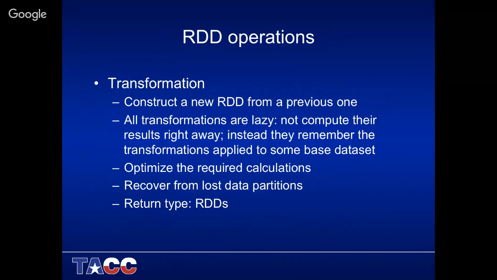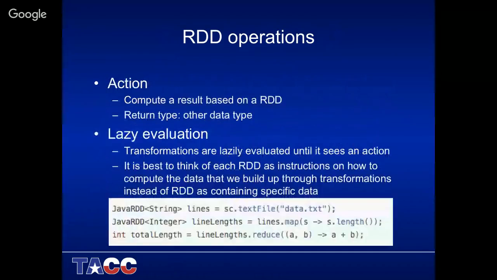For an action, the actual computation happens in Spark, such as a command like collect. When you collect the results from memory, you can show all those results in the interactive shell, and also save the results into the file system.